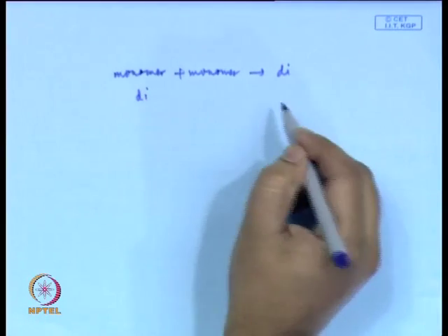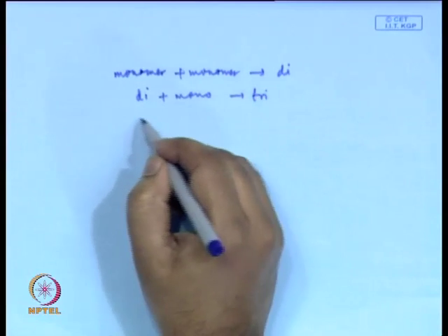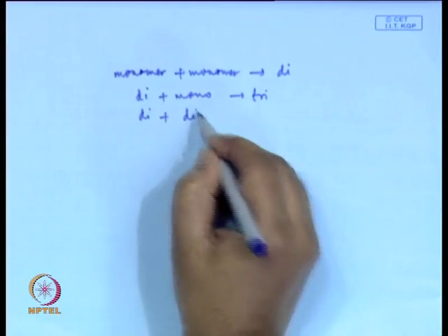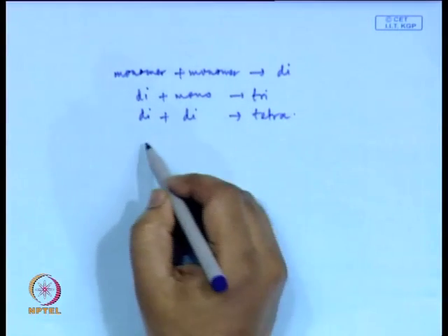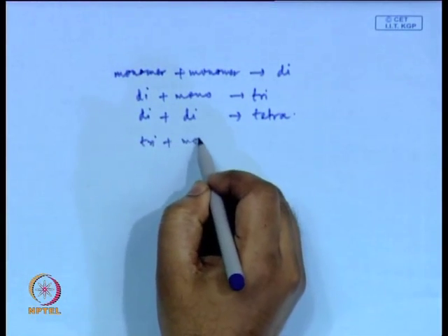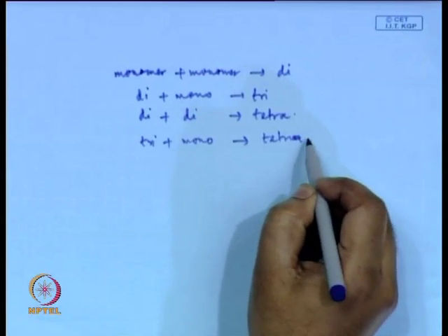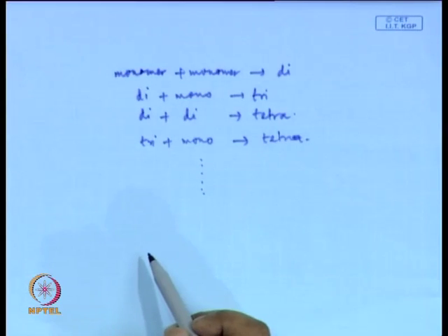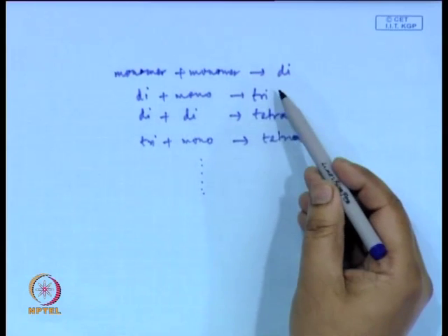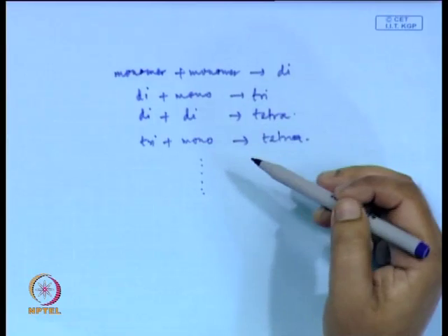Then the dimer can react with a monomer to give a trimer, or it can react with itself to give a tetramer, and this trimer can again react with a monomer to give a tetramer, and so on. So in step growth polymerization, the polymers are formed in various stages, steps: first di, tri, tetra.